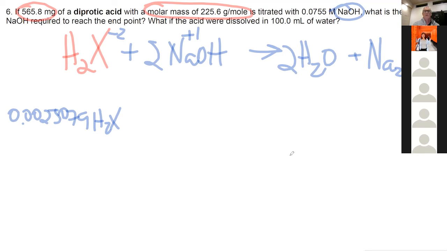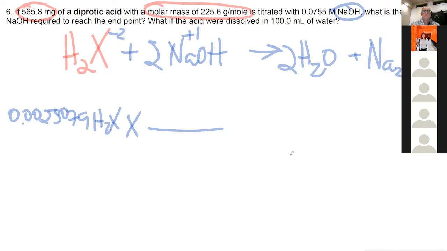So how do I convert that to a volume of sodium hydroxide? What's the next conversion? I have moles of H2X. We're going to use the molar ratio. I don't want moles of acid, I want moles of base. So what do I put on top?